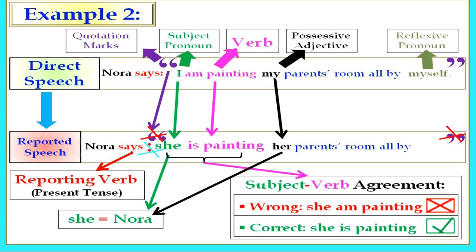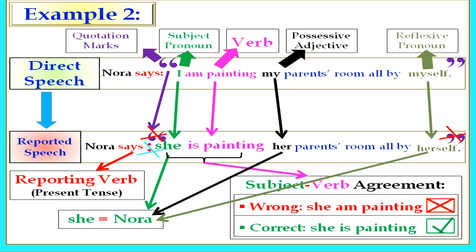And the last part which we need to change is the reflexive pronoun myself. Myself refers again to Nora. So the correct answer is herself. So the new sentence now in reported speech is Nora says she is painting her parents' room all by herself. The first part of reported speech ends here.